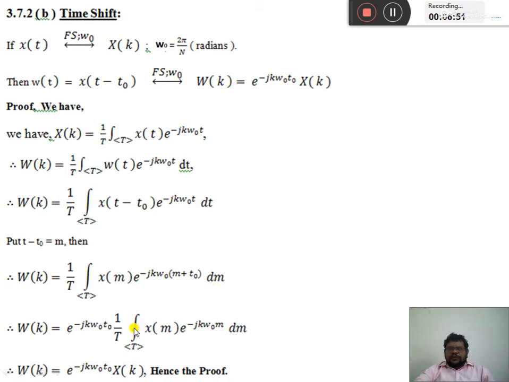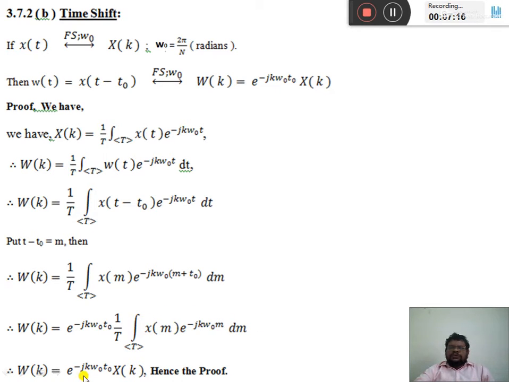Okay. Then here, see the integration with respect to dm. Apart from m, everything is constant, which we can take outside the integration. So e to the power of minus j k omega naught t naught is the constant which has been taken outside. The remaining is x of m e to the power of minus j k omega naught m. So this is nothing but x of k.